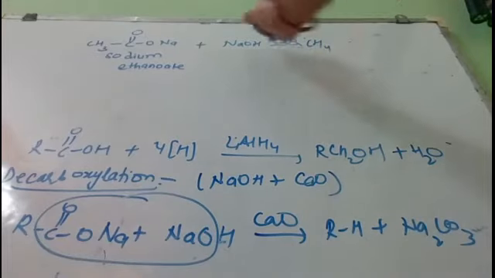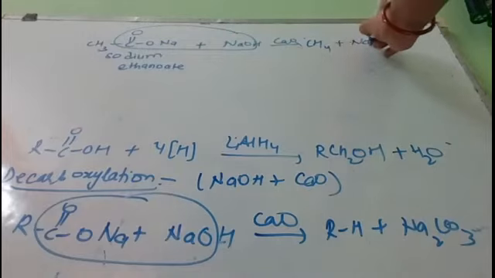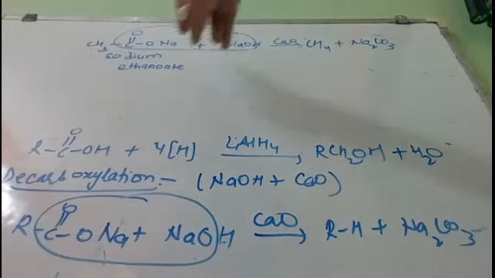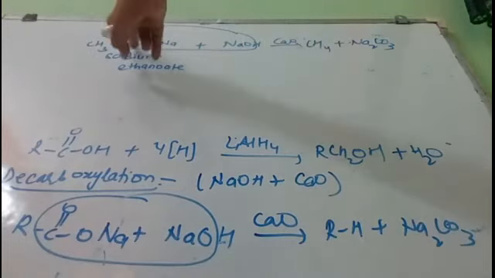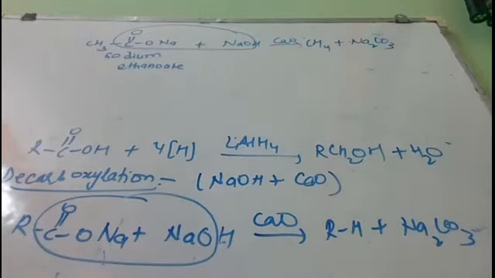Methane will be formed, and this sodium carbonate will be released. Right? So you can see here that the product contains only one carbon, whereas there are two carbons in the reactant side. So this method is a method of degradation of chain. The product will contain one carbon lesser than that of the reactant.